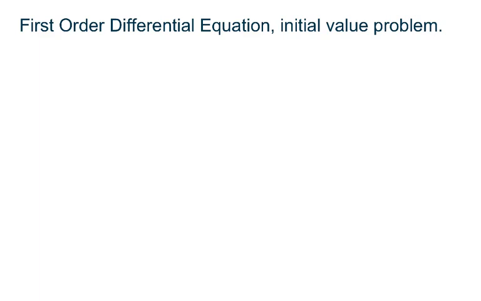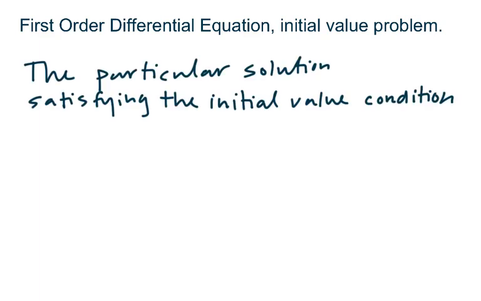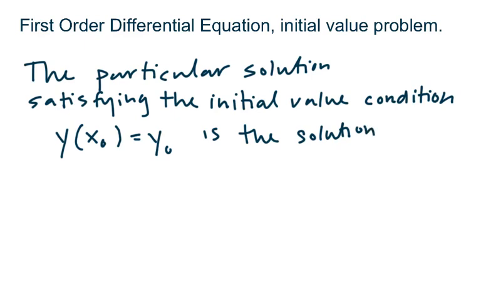So the particular solution satisfying the initial value condition can be represented as y of x sub 0 equals y sub 0, which is the solution for y equals y of x.